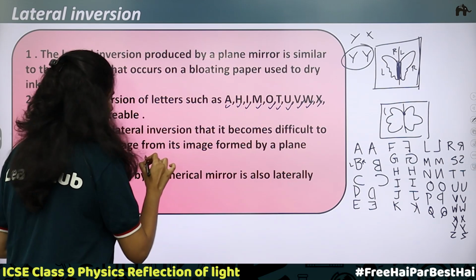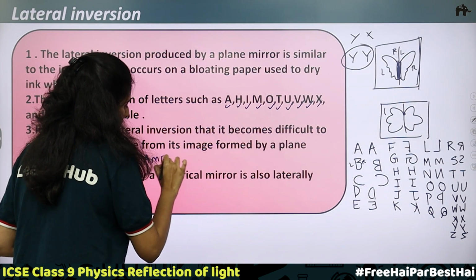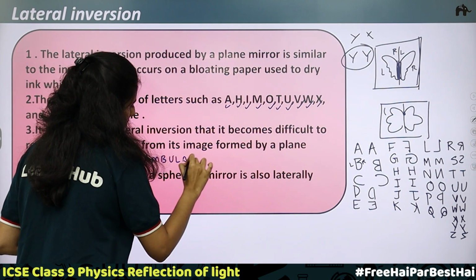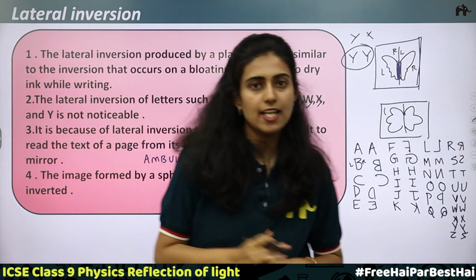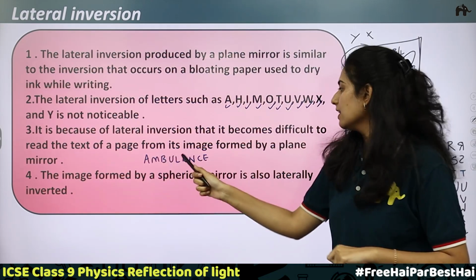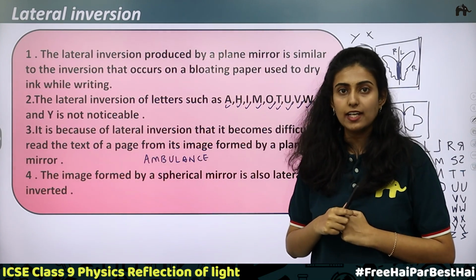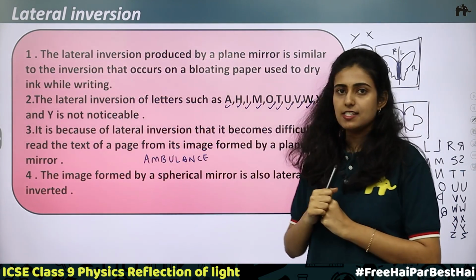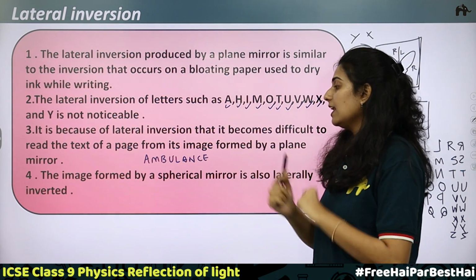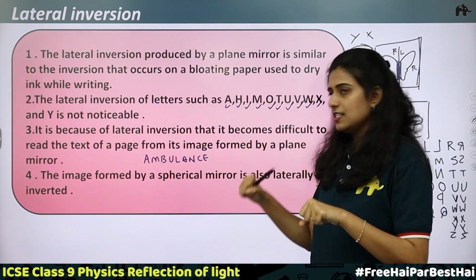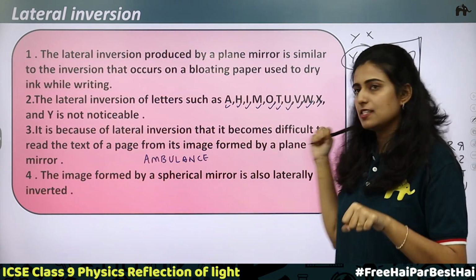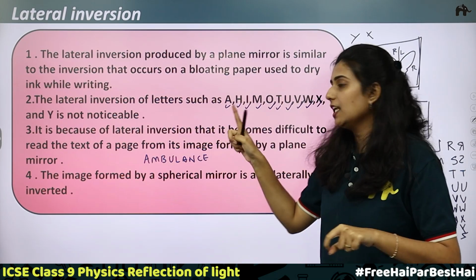Next, when you take the case of an ambulance. Have you seen an ambulance? So, on the board, is it written this way? No, right? There is a difference. So, why is the difference there? Because we know that left and right should be shifted. When a person is driving and behind him there is an ambulance, he should be able to read it as ambulance.